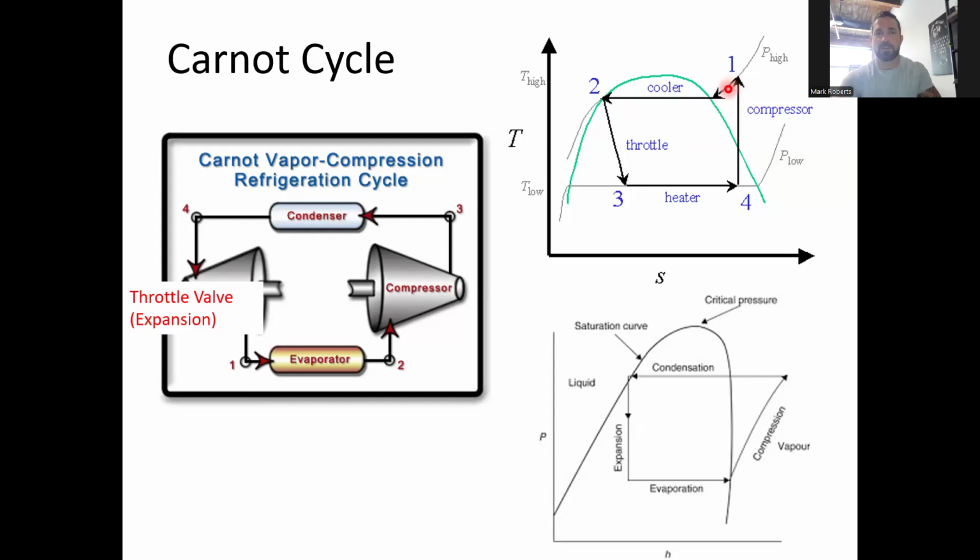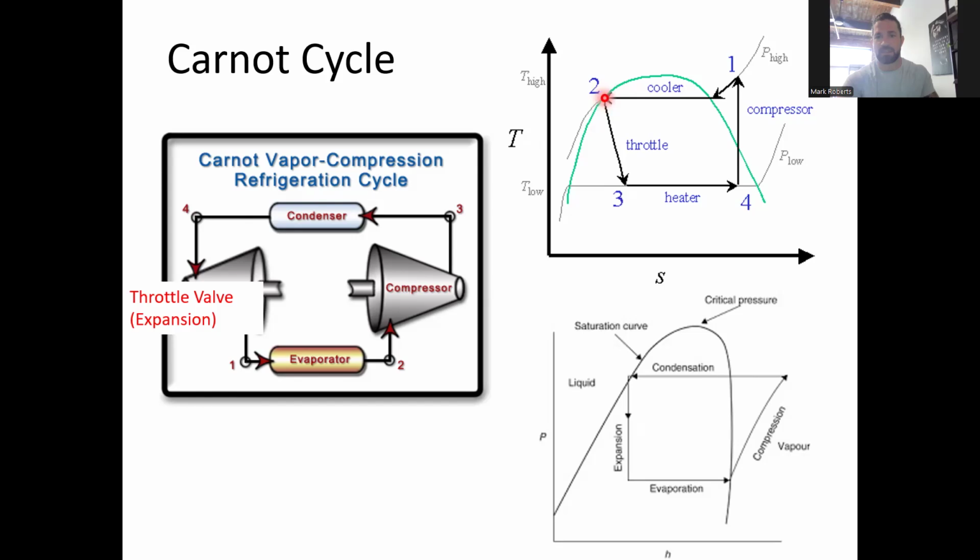Then we send this fluid through the coils on the outside of the refrigerator. The ambient takes heat from that fluid, so the hot fluid gives off heat to the ambient, and that's why the back of your refrigerator will be hot, until it gets to a saturated liquid.